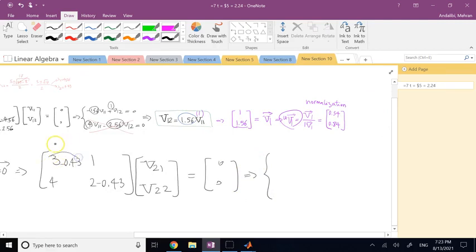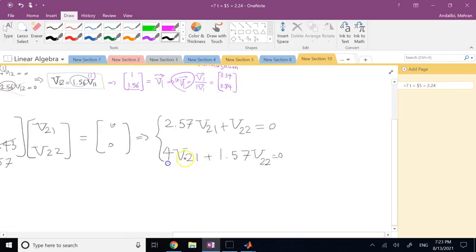So this is going to be 2.57, and this is going to be 1.57. So it's going to be 2.57 V21 plus V22 equals 0, and then 4 times V21 plus 1.57 V22 equals 0.